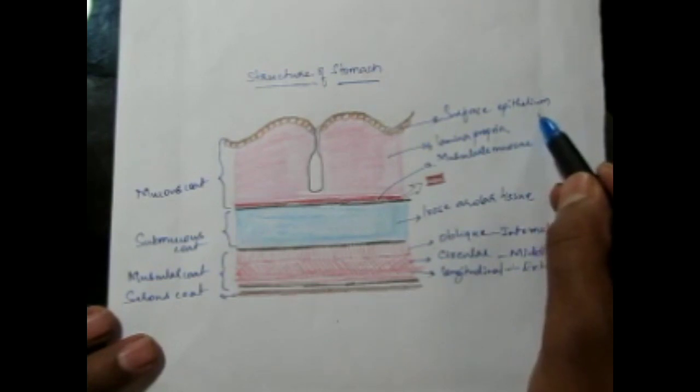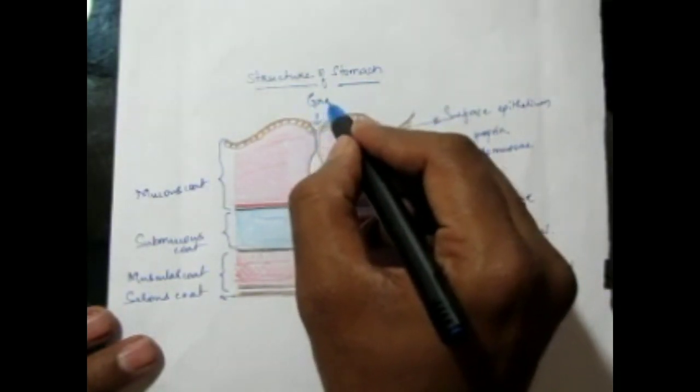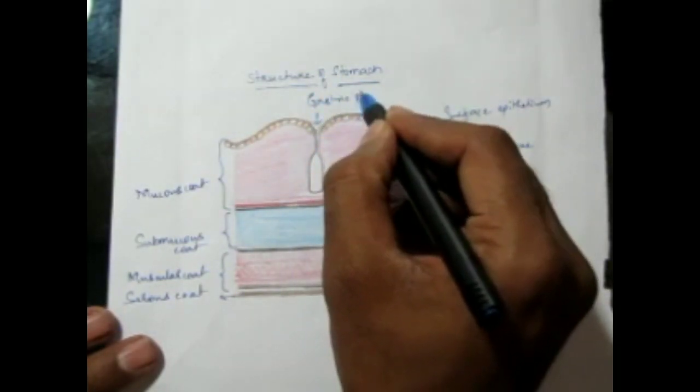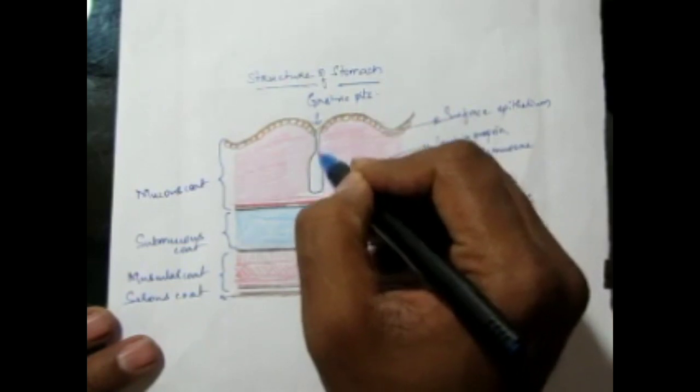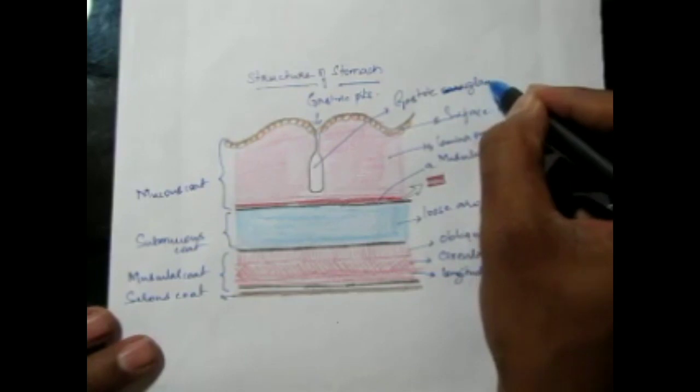Surface epithelium has a honeycomb appearance and presents gastric pits, through which the gastric glands open.